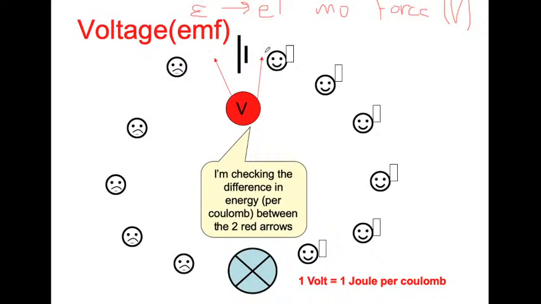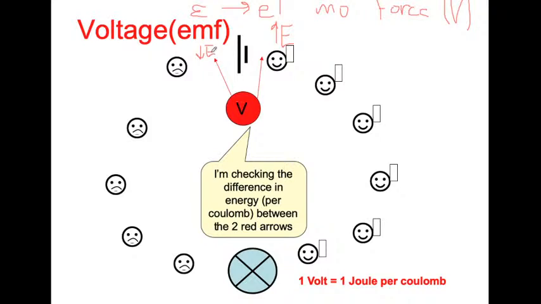The difference in energy is obvious because these electrons are carrying these pieces of paper that symbolize energy. So we have high energy as they leave the cell, and we have low energy as they're coming back after being consumed by the lamp or the Bunsen burner.